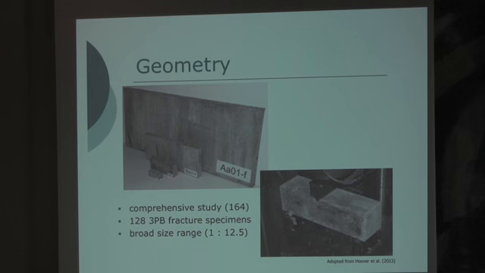This study consisted of almost 170 test specimens created from one batch of concrete, and 128 of these were notched fracture specimens subjected to three-point bending, with an initial crack length between 0 and 30% of the total width of the test specimen.